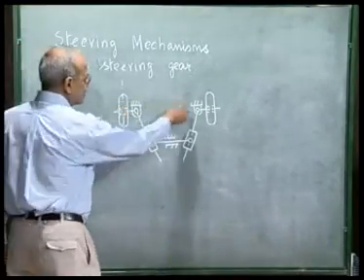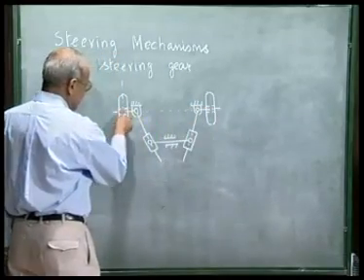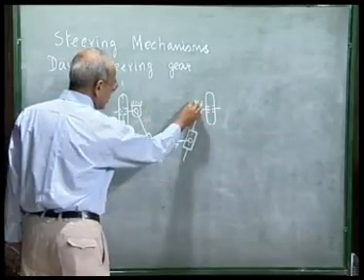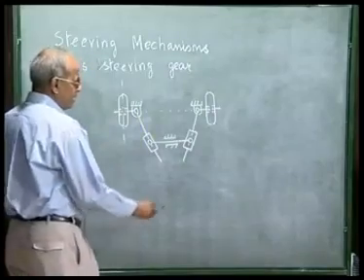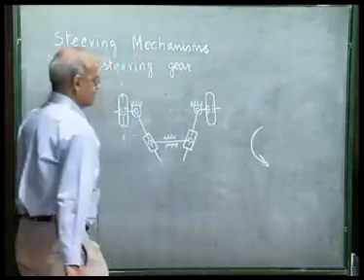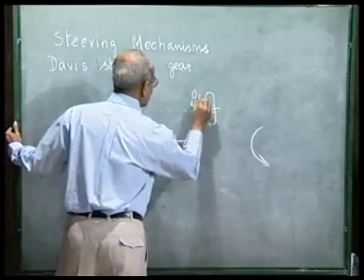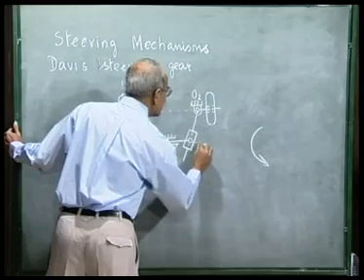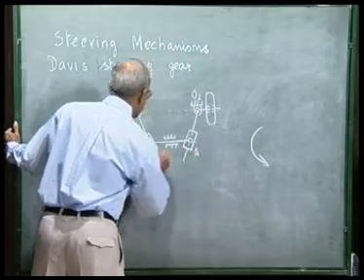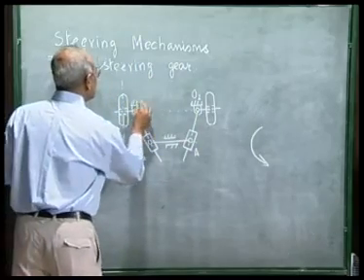As we see, these are the two front wheels mounted on short axles, and the axles are pivoted on the body of the automobile. Let us consider that the car is taking a turn in this direction. So, as we see, let me call this point O2, this point A, this point B, and this point O6.